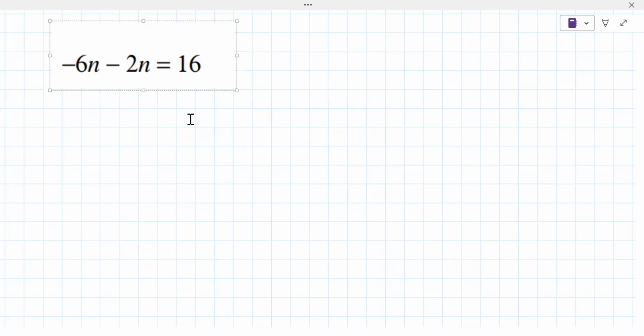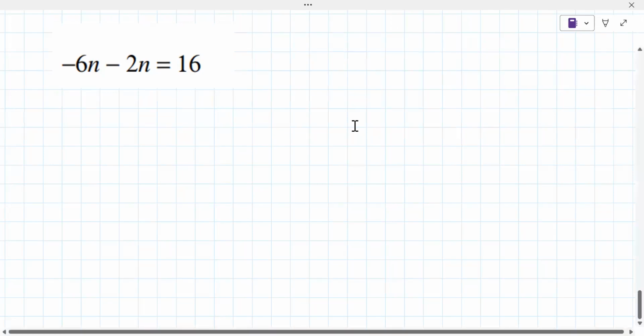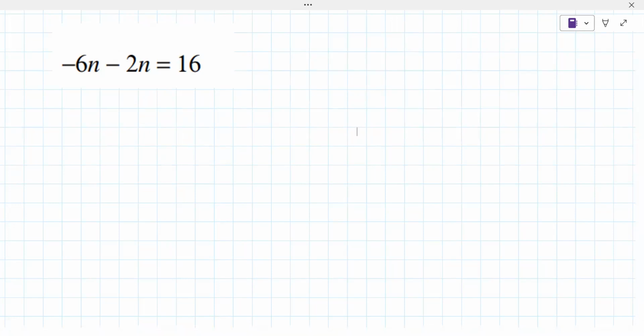So -6n plus -2n. And this is only a 2-part thing, right? You should combine like terms first. But after that, it's just divide, right? Yes. Okay, so I would divide them both by -8.